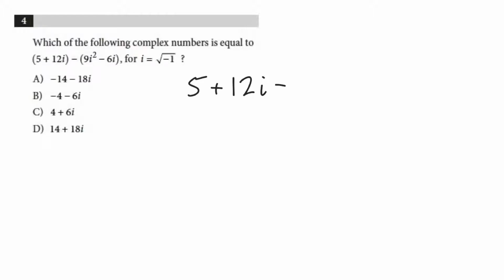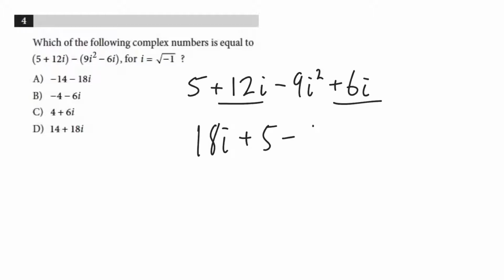Distributing negative 1 across the second set of parentheses gives me negative 9i squared plus 6i. Okay, so I'm going to combine like terms to start here. I'm going to get 12i and 6i, that's going to be 18i plus 5 minus 9i squared.